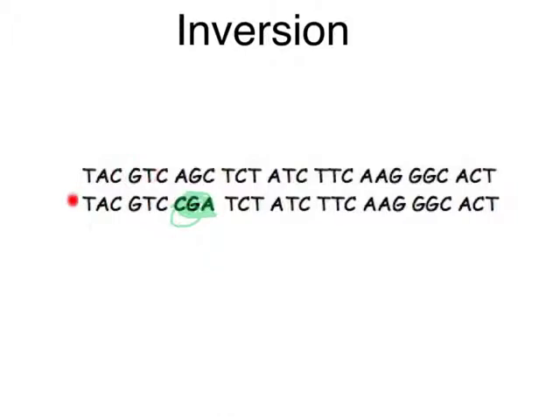Then I want you to do the same thing to this sequence of DNA to show how this inversion has changed the polypeptide that would be built during protein synthesis. Okay, so you're going to take this sequence, transcribe it into mRNA, and then translate it into amino acid sequences. And we're going to do that for the other types of mutations that we're going to talk about here as well.